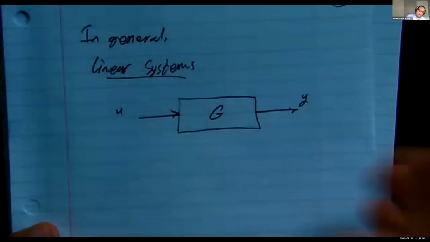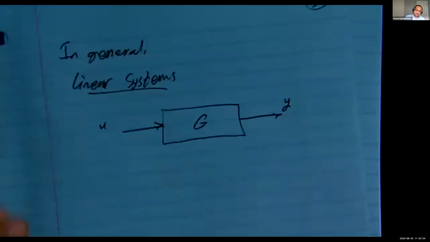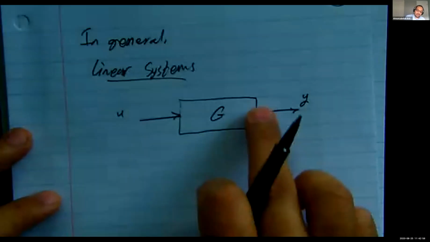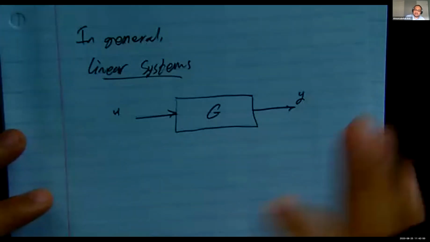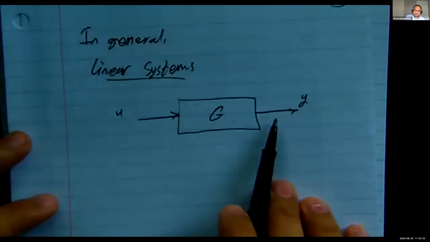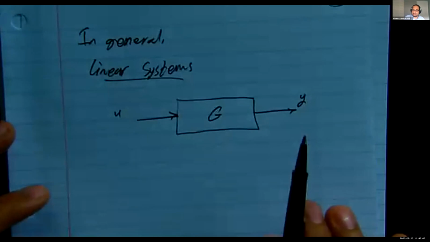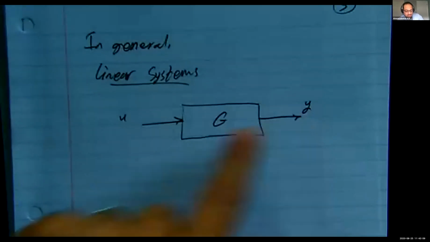This is also another conventional way of representing systems that we will adopt throughout the course. Whatever is inside the box is a physical system, and the arrows represent signals. So this is a system, these are signals.